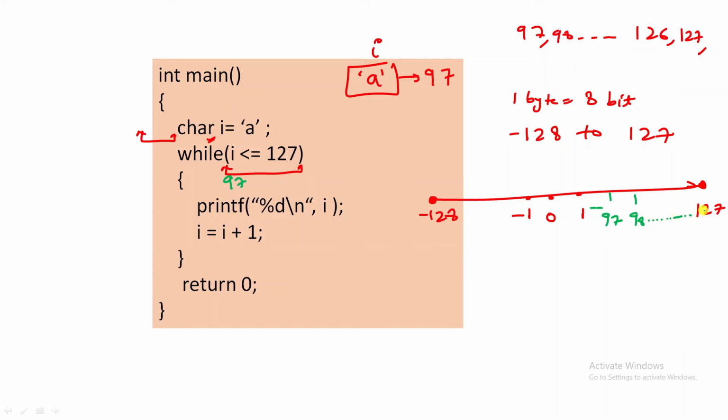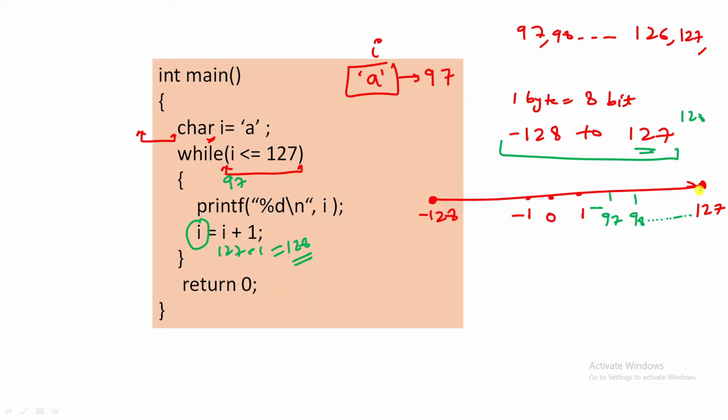Now after 127, when 127 plus 1, it was 128. This I variable, which is of signed char, cannot store 128. Why? Because the range says till 127 the values can be stored, 128 cannot be stored.